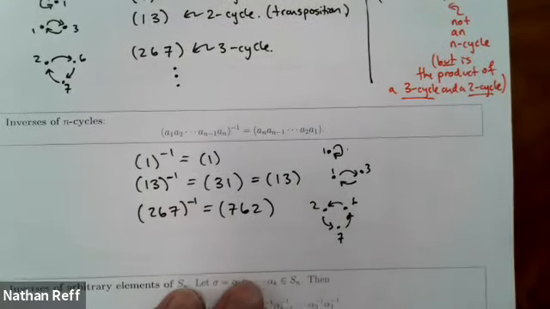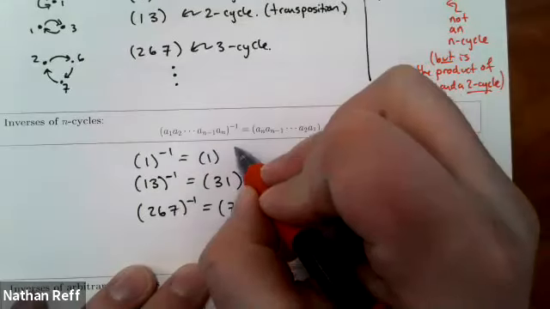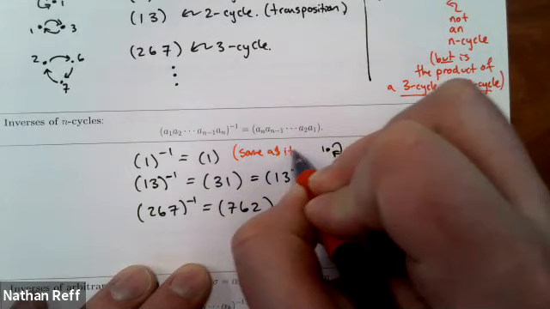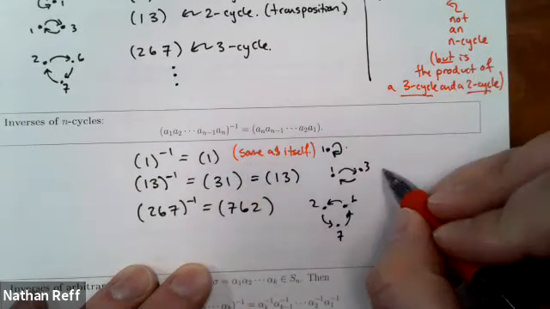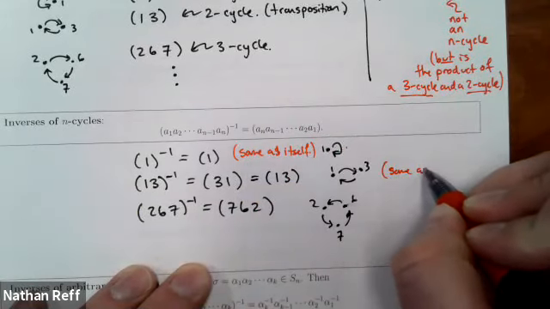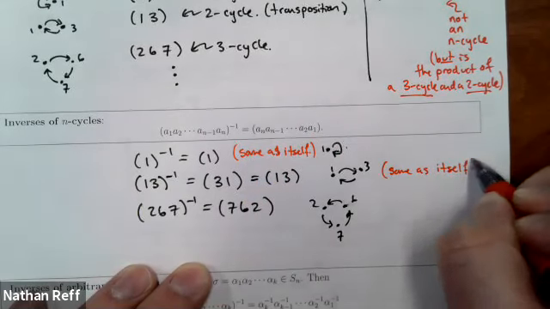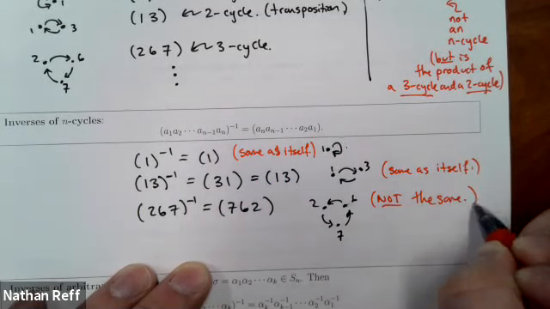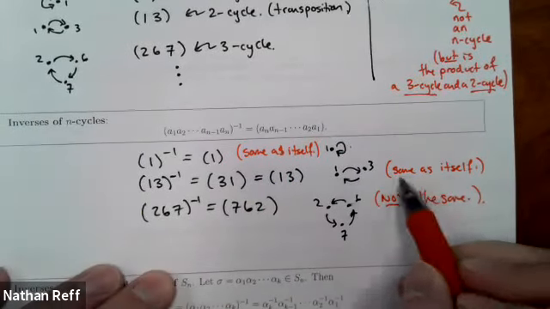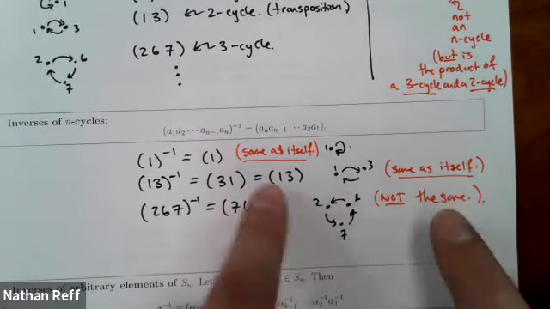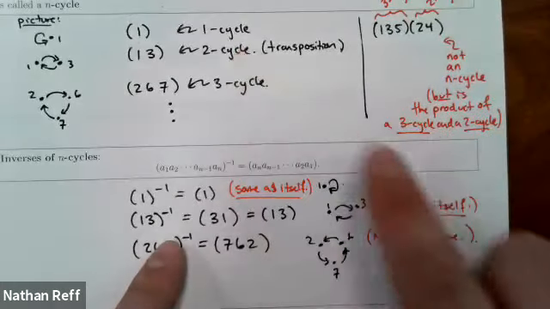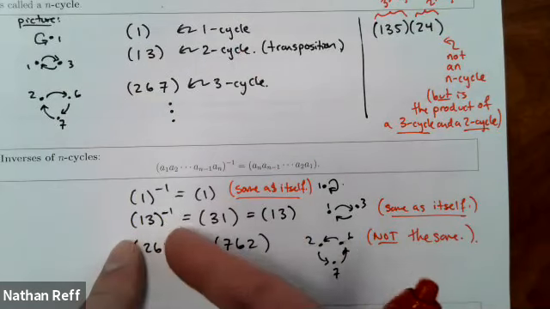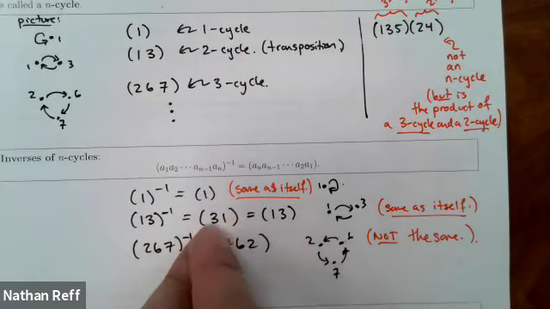One thing you'll notice: this is the same as itself, and this is the same as itself, and this is not the same. Transpositions have this special property that they will always be their own inverse, because if I take a two cycle and write it in the opposite order, that describes the same function.